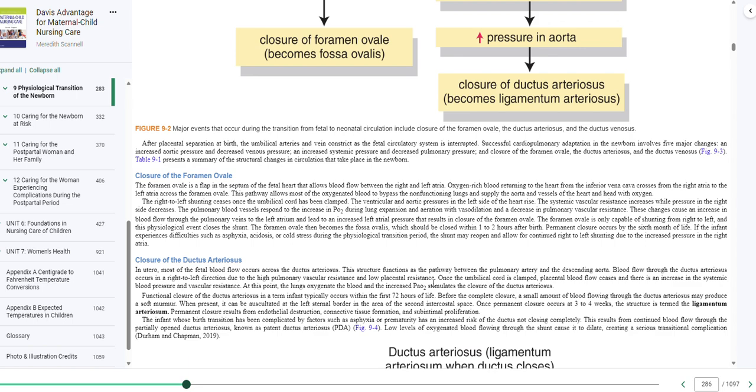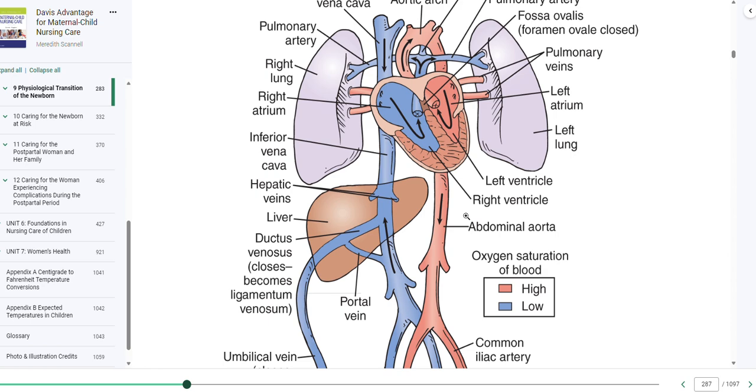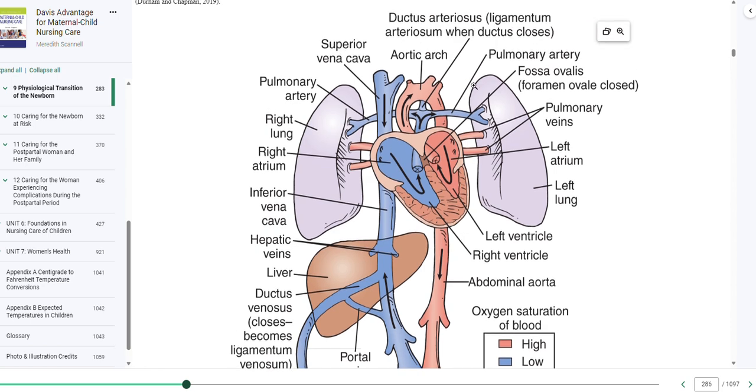Just be familiar with that term, the closure of the ductus arteriosus, and that's the pathway between the pulmonary artery and descending aorta. So here's the pulmonary artery, and so it's this closure between the aorta and the pulmonary artery.